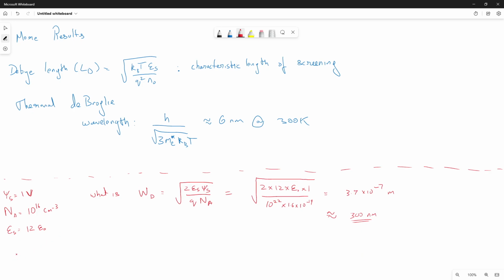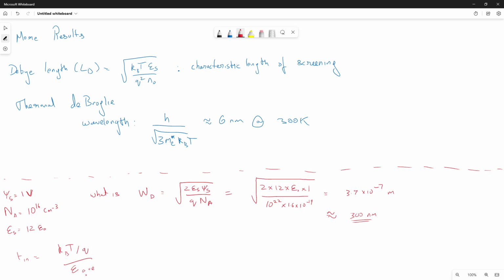So what is T inverse? T inverse is KBT upon Q divided by the average electric field. Why not, let us do this. Now we have found the depletion layer thickness, right? And I told you psi s is 1 volt.